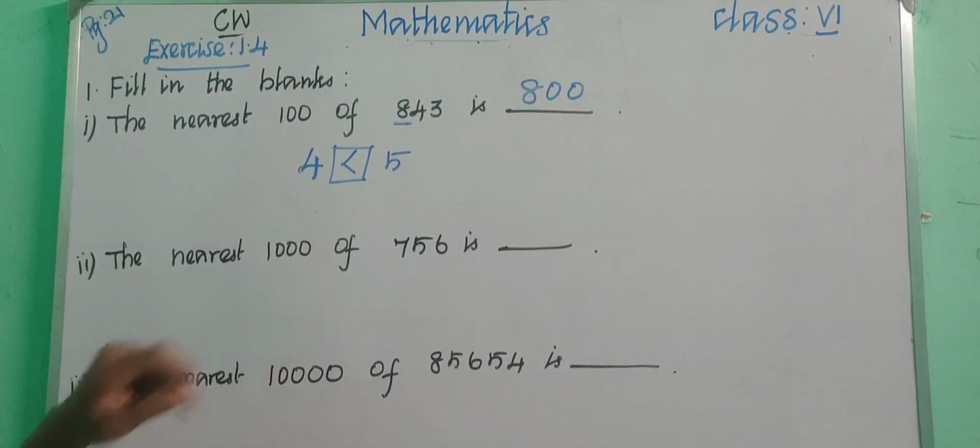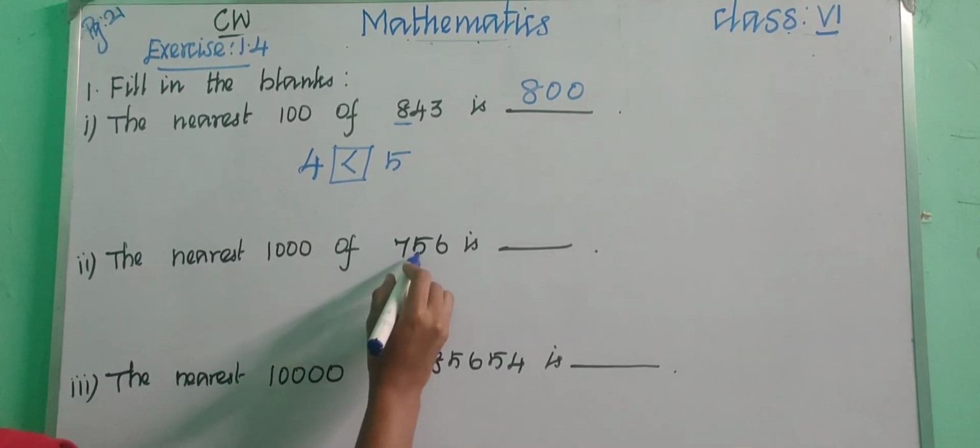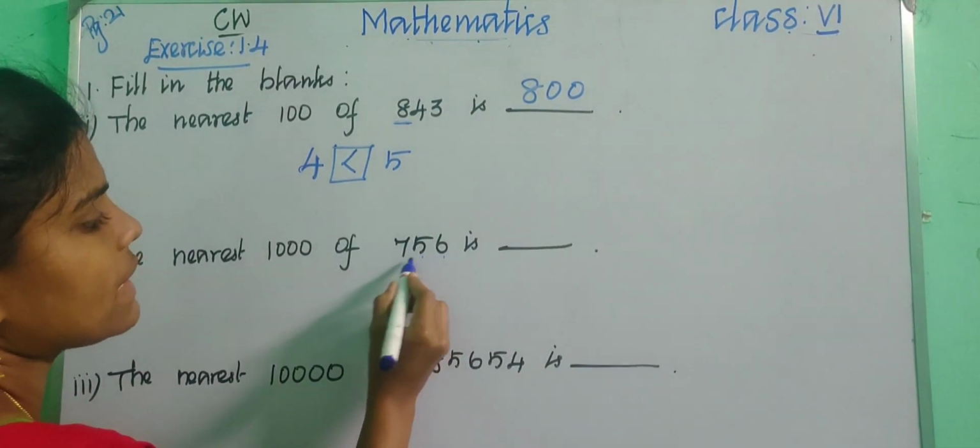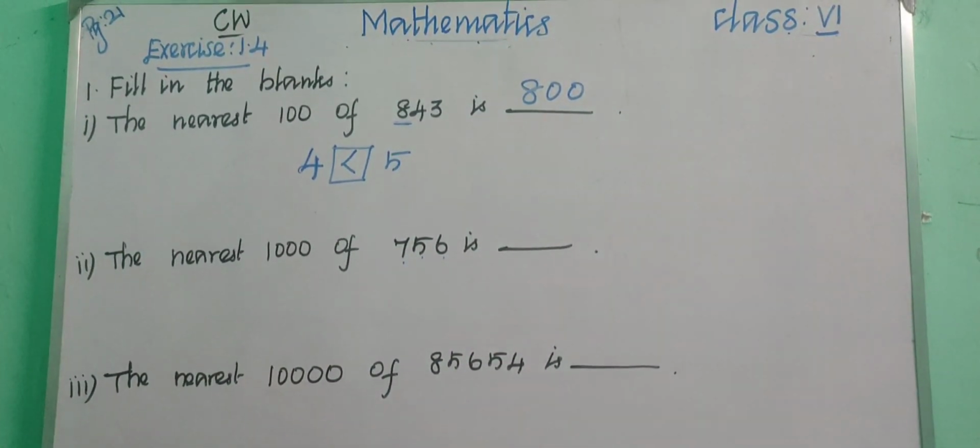The nearest 1000 of 756. So how will you find the nearest 1000? It is not possible, right? See here, we have only ones, tens and hundreds places. Is it possible to find the thousands place? No, so it is not possible.